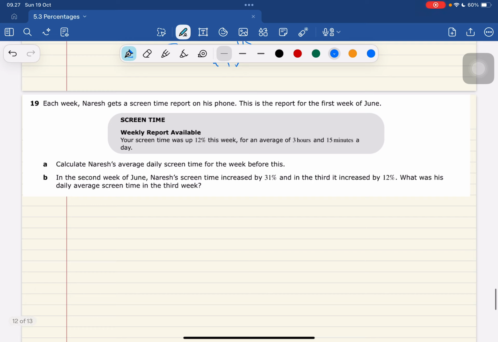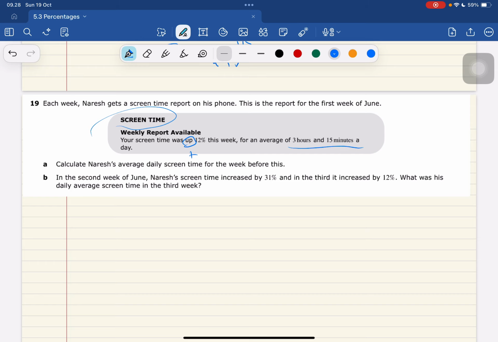Okay, next, 19. Each week Naresh gets a screen time report on his phone. This report is for the first week of June. Okay, we can see screen time weekly report available. Your screen time was up 20% this week, for an average of 3 hours and 15 minutes a day.